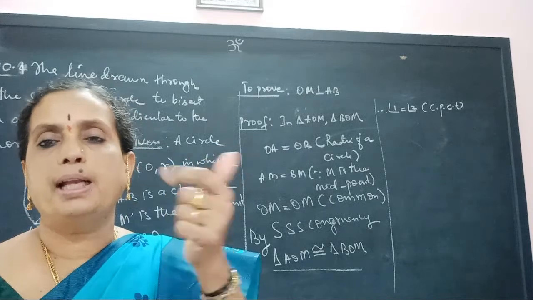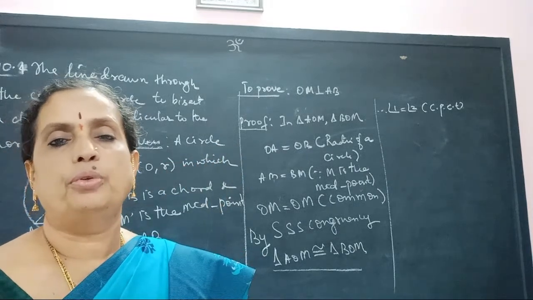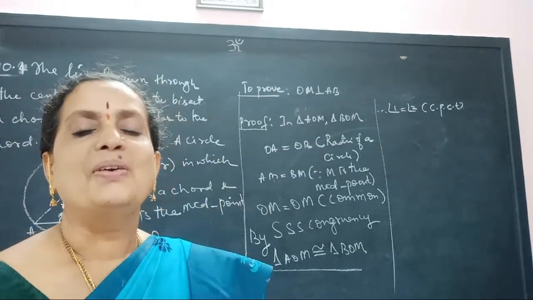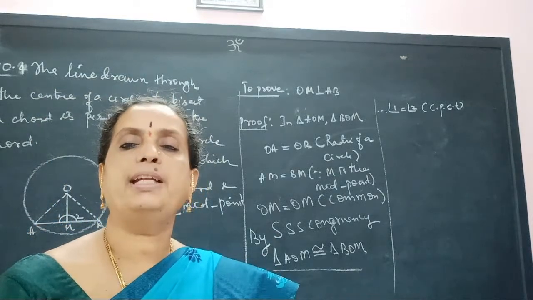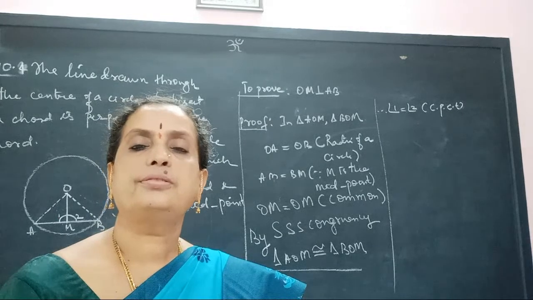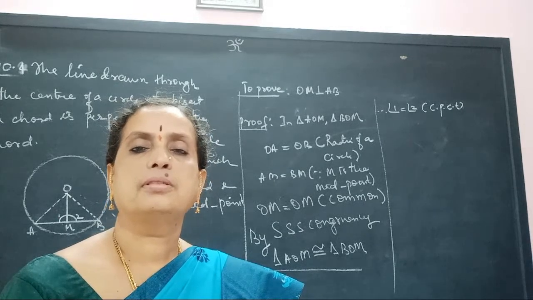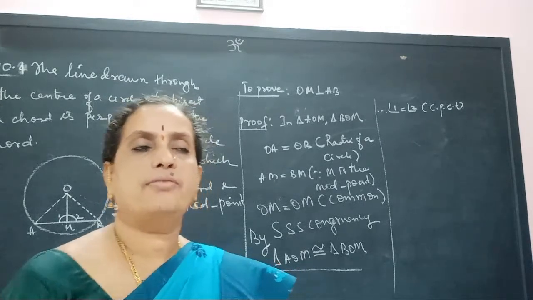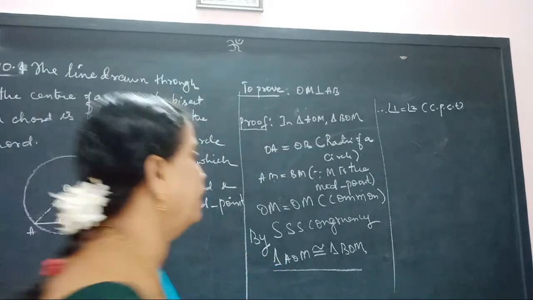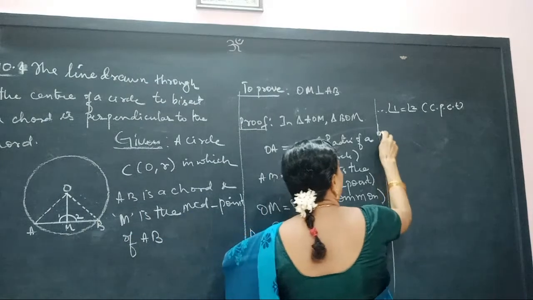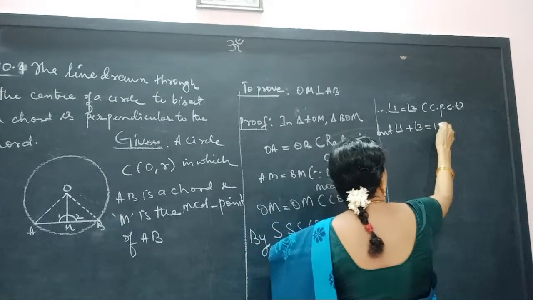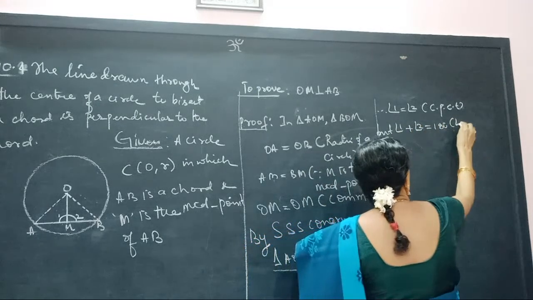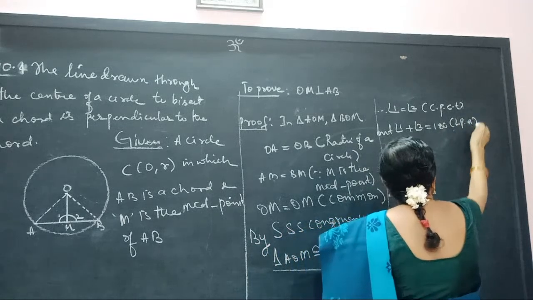I'll give a big clap to you if you do. How is it 90 plus 90, 180? You have to prove it is 90. Very good, Yashas. They form linear pair. Angle 1 plus angle 2 equals 180 degree, linear pair angles.